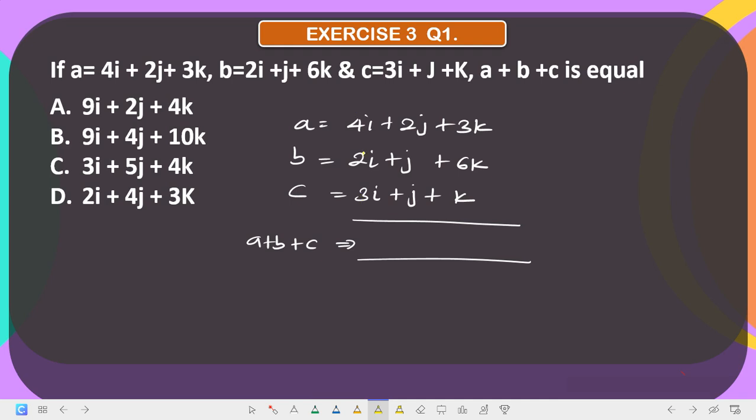So if we add, 4 plus 2 is 6, 6 plus 3 is 9. So here it gives us 9i. Then 2j plus 1j is 3j, plus another j is 4j. Then 3k plus 6k is 9k, plus 1k is 10k.